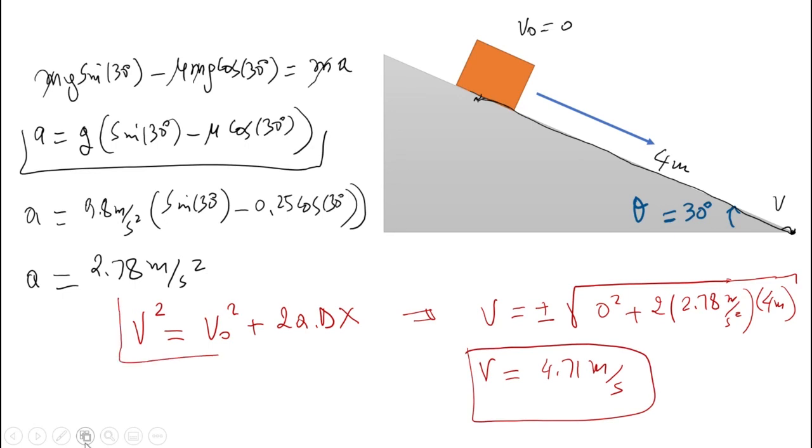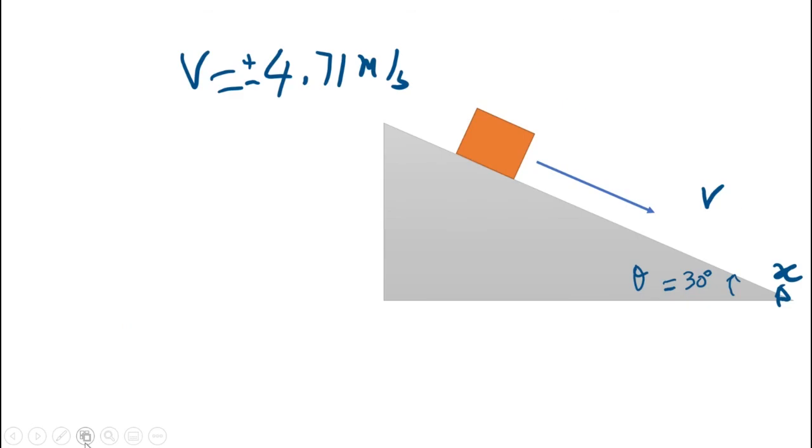So remember these equations we used in kinematics. If you go to the video of motion in one dimension, you will see more details about how we got these equations. We have two solutions, plus or minus 4.71 meters per second. But if we look at the motion of the object, it is going downward, so this is the direction of motion of the object.